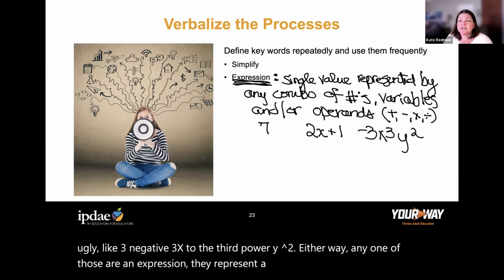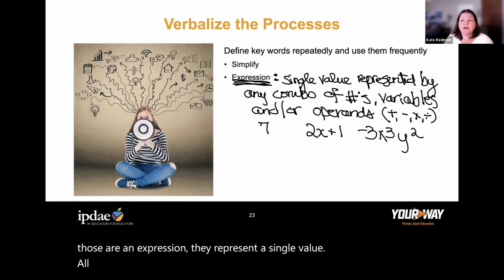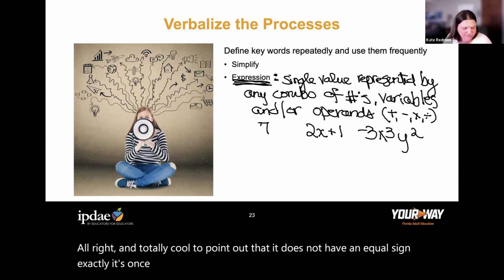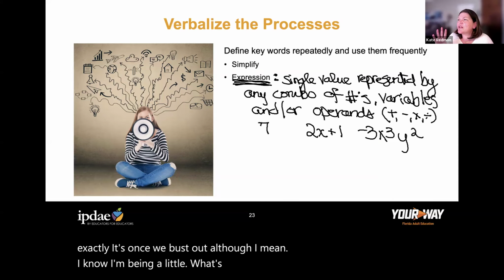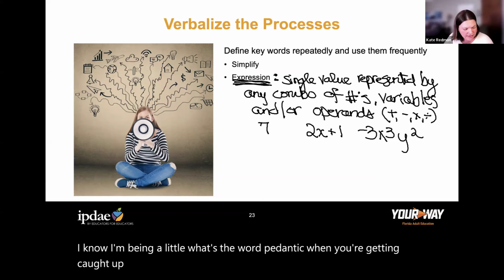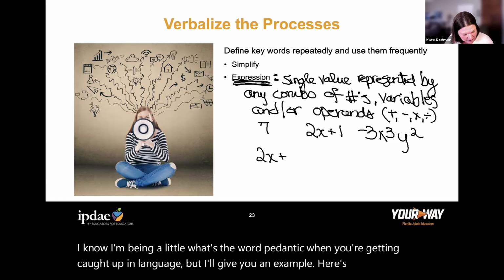All right. And totally cool to point out that it does not have an equal sign. Exactly. I know I'm being a little, what's the word, pedantic when you're getting caught up in language, but I'll give you an example. Here's an expression, 2x plus 5x.